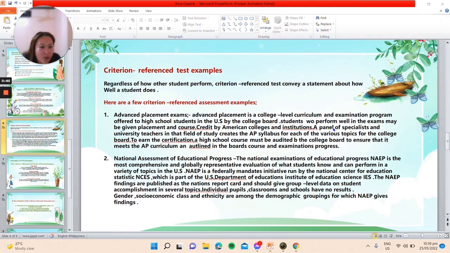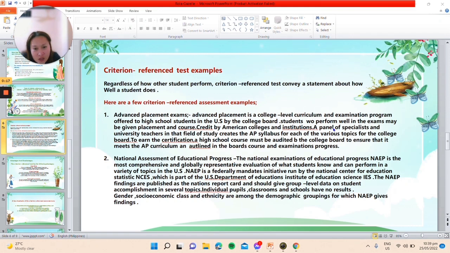Students who perform well in the exam may be given placement and course credit by American colleges and institutes. A panel of specialists and university teachers in the field of study creates the AP syllabi for each of the various topics for the College Board.